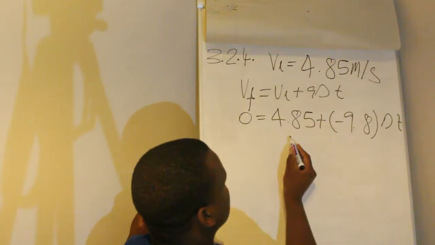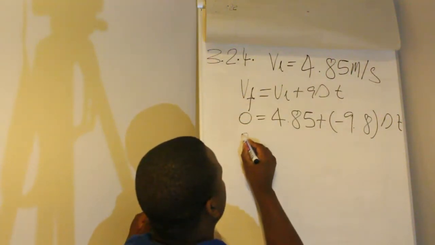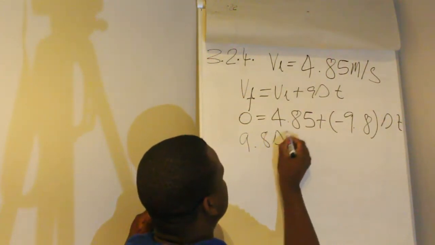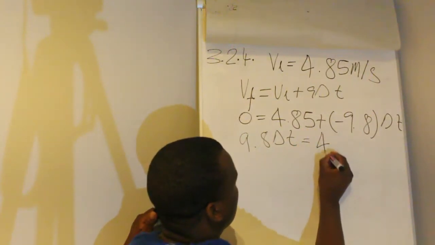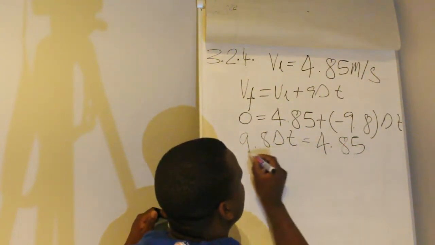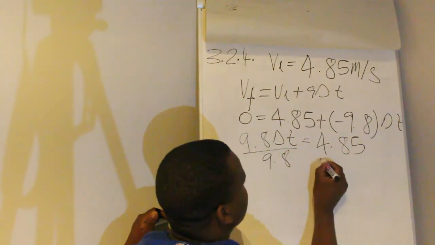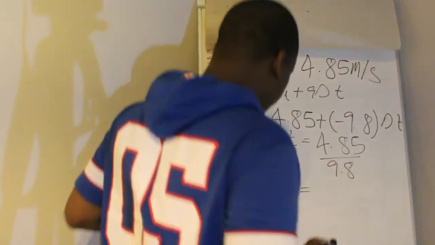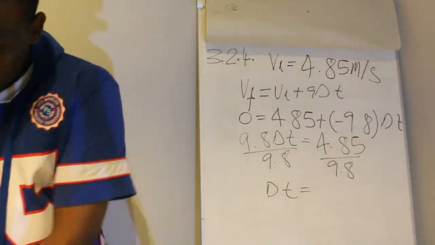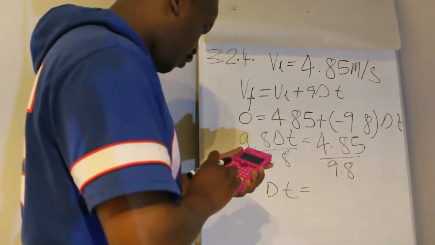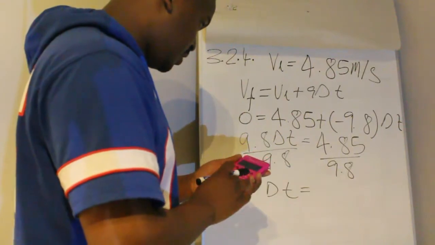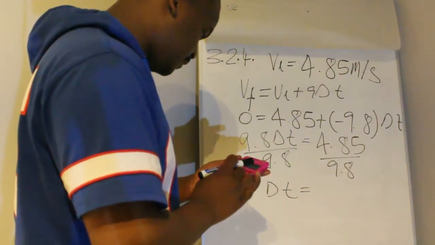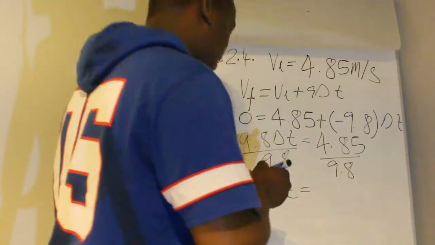So transpose this, so you have negative 9.8 delta t is equal to negative 4.85, divided by negative 9.8. So delta t is equal to 4.85 divided by 9.8. That is 0.49 seconds.